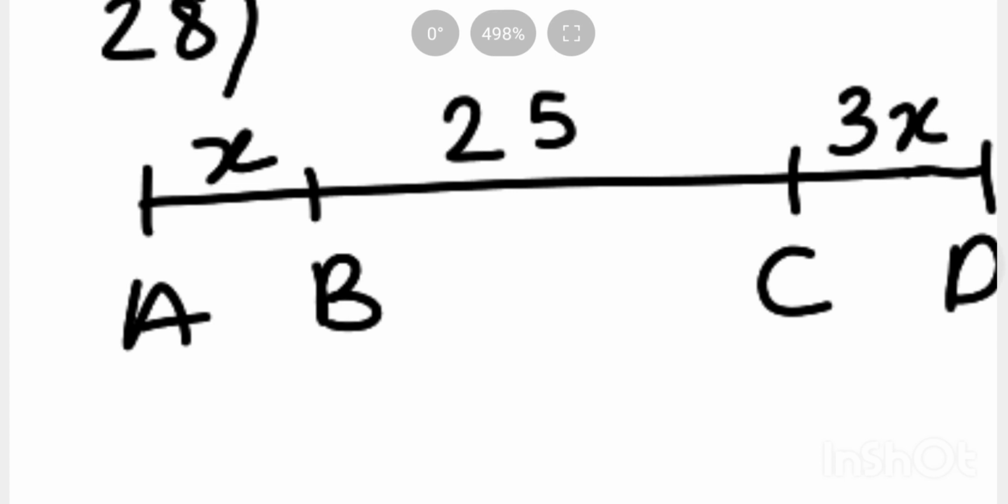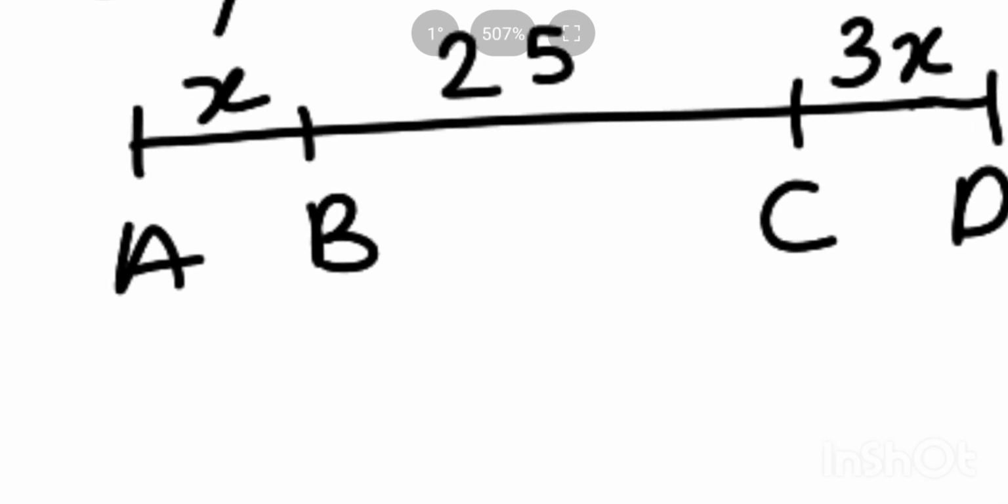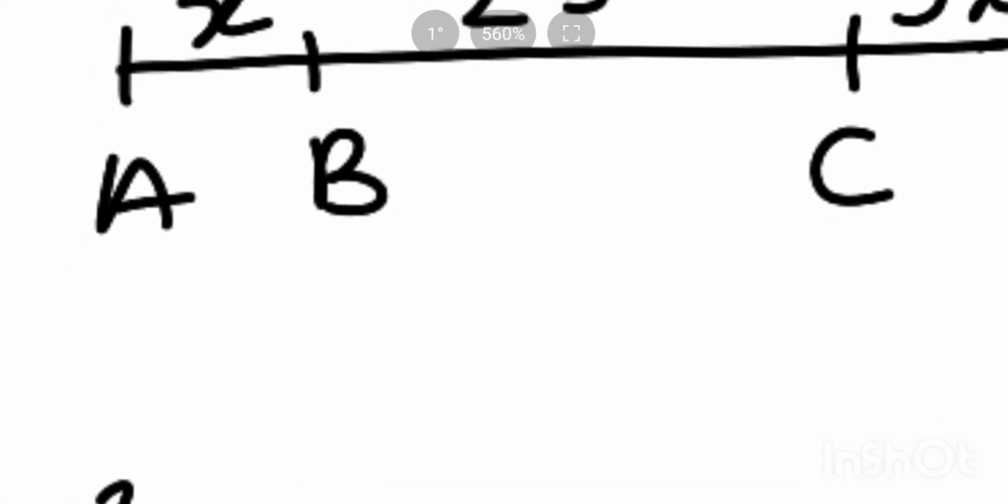And then we're given that Salma drives from A to C at an average speed of 62 miles per hour for 30 minutes. So speed equals distance over time.